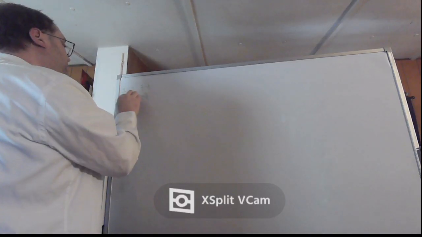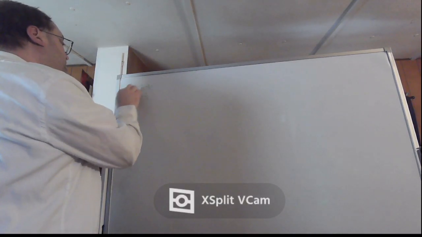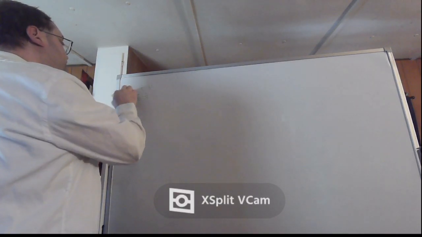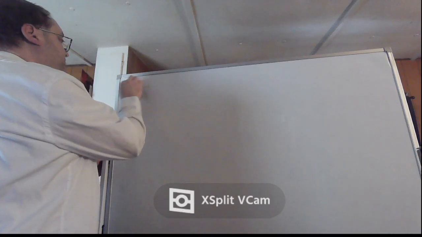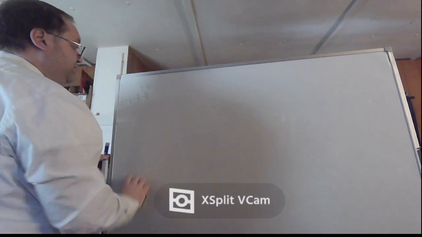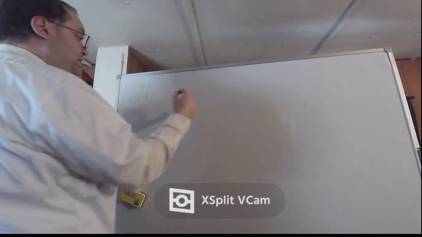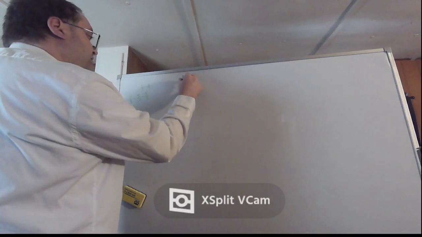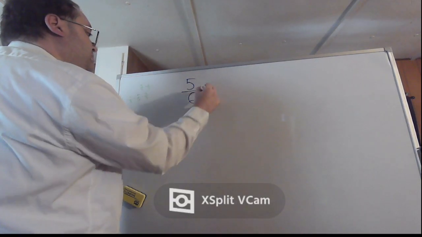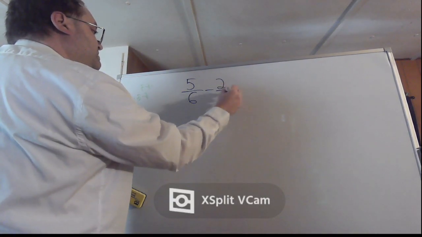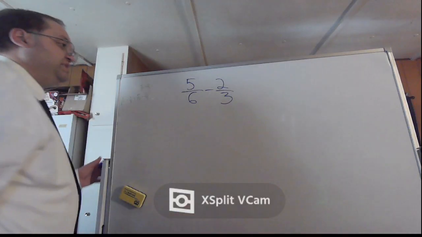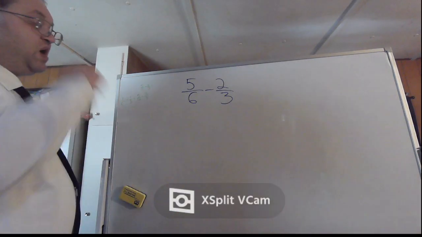Got a few more here. So yeah, subtracting fractions, very much the same as adding for the procedure wise, only you're subtracting. Alright, we got 5/6 minus 2/3. So 5/6 minus 2/3.